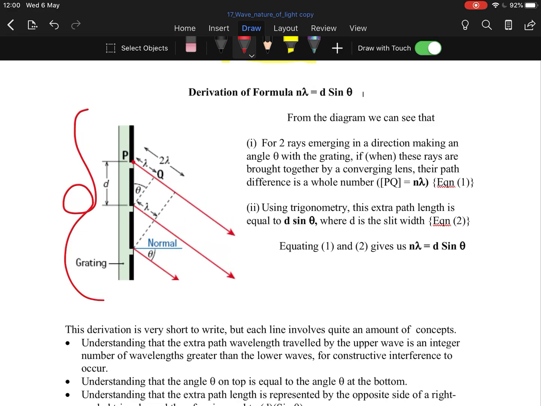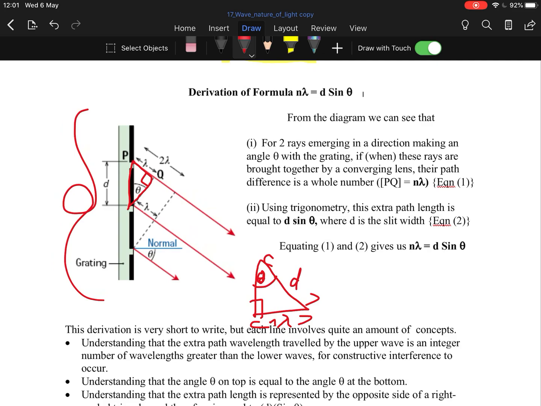What you can do then is if you look here, you've got a right angle triangle. So we can pull that triangle out. My right angle is there. Theta is up here. My hypotenuse is d. And this side is n lambda.